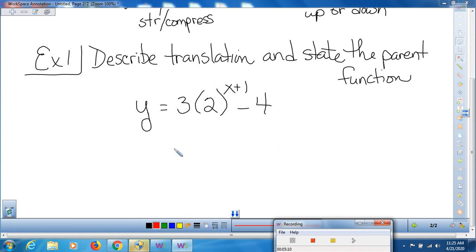All right, so here's our first example. We're going to describe the translation and then state the parent function, or where this started. So this 3 in front is our stretch of 3. In an exponential function, we also said this is our y-intercept. This is where it's going to cross the y-axis, at 0, 3.